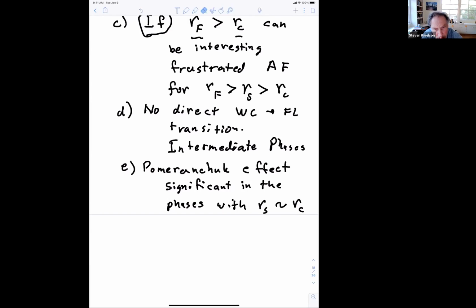Then I will get into the regime sort of easily that the rc is much smaller than the rf, right? Then I can get into an interesting antiferromagnet if the crystal symmetry for that electron crystal phase is frustrated, for instance.